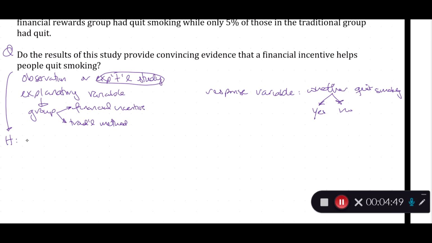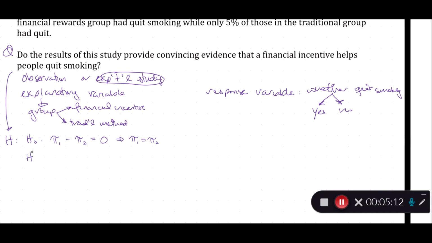If there were no relationship, then the true proportions for both the financial incentive and the traditional method groups would be the same. That is, the difference in proportions would be 0. We could also write this as the proportions are equal. Pi 1 equals pi 2.